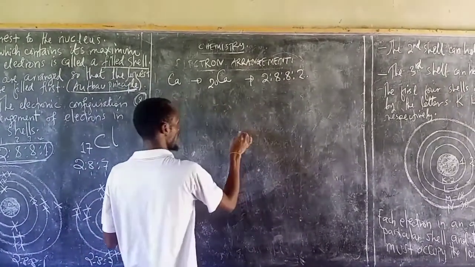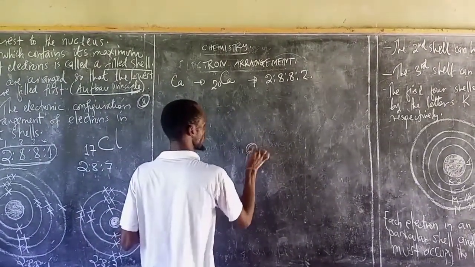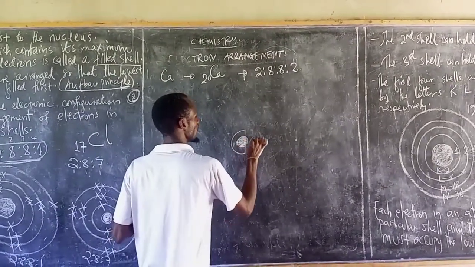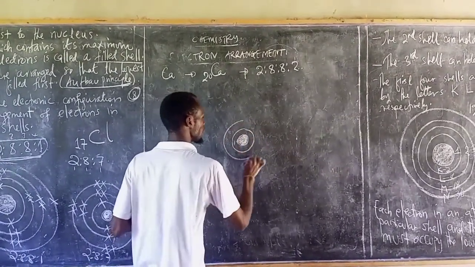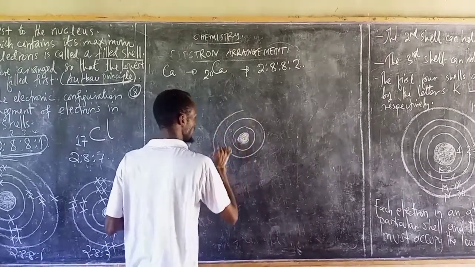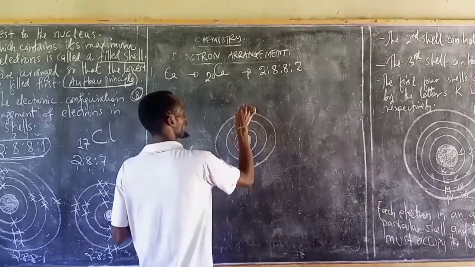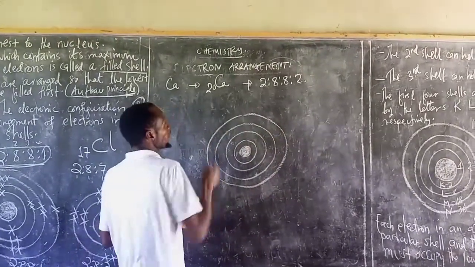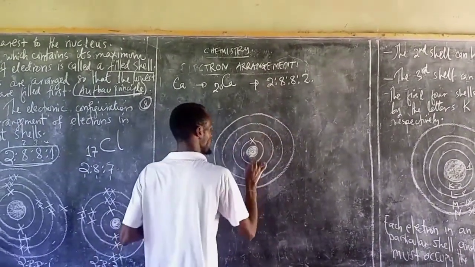Then we draw diagrammatically. Now this is the nucleus. Then the first shell, the second shell, the third shell, the fourth shell. Now the first occupies 2 electrons.